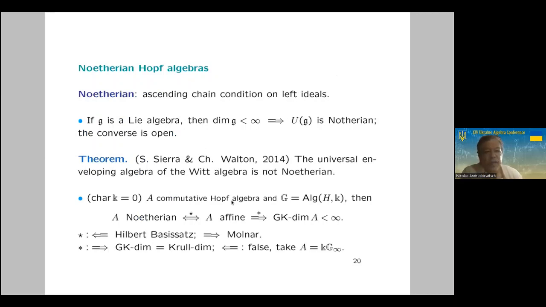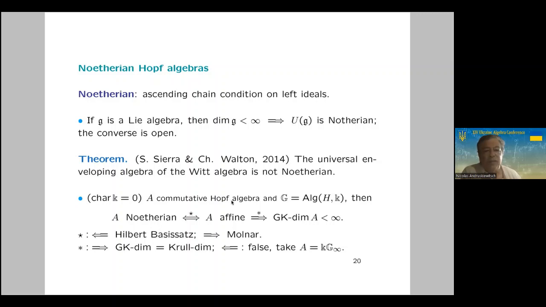What about Noetherianity? Recall that an algebra is Noetherian if it satisfies the ascending chain condition on left ideals. Let me tell you what is known about Noetherianity of Hopf algebras in the classical case. Here there are very classical open questions. For instance, if G is a Lie algebra, then if the dimension of G is finite, the enveloping algebra of G is Noetherian.